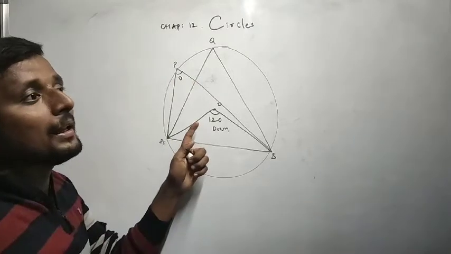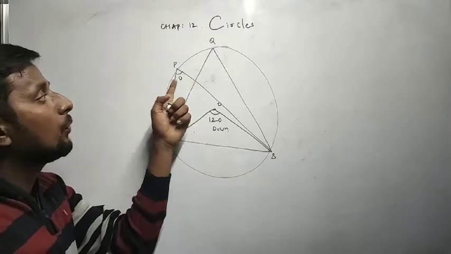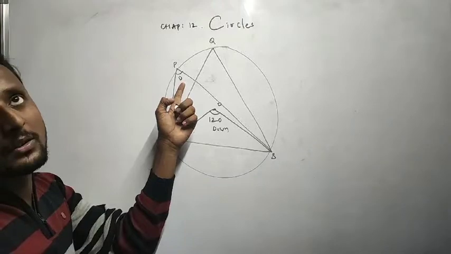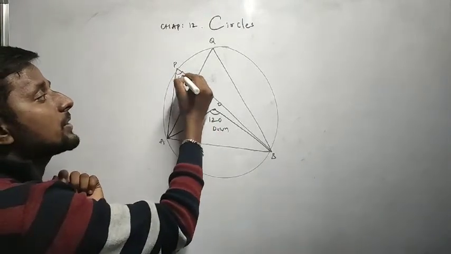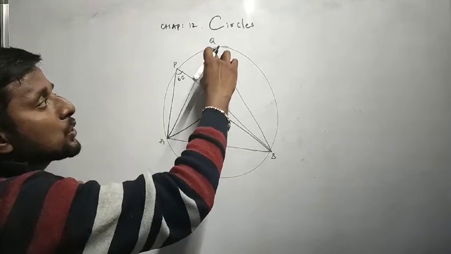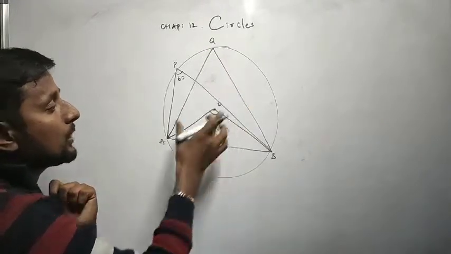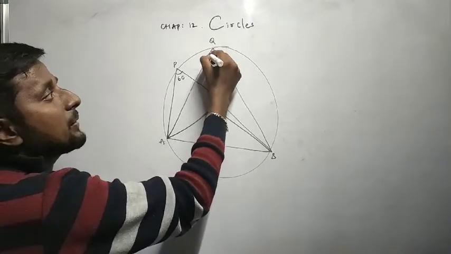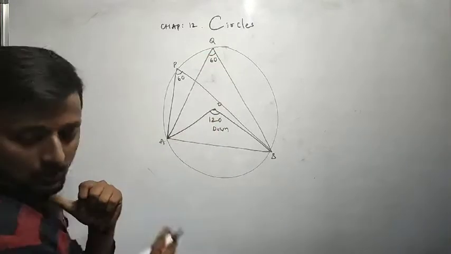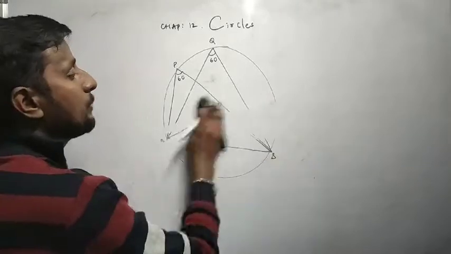The center angle is double the angle at the remaining part of the circle. Here the center is 120, so at the remaining part it will be 60. This one also opens downwards, and both angles are connected to the same chord, so the same condition works: 60. We'll see some more examples.